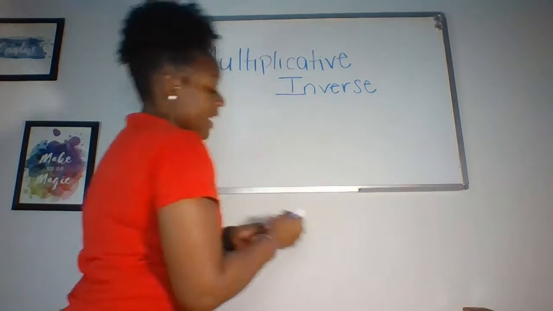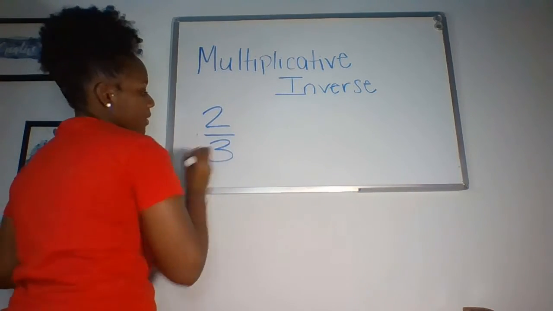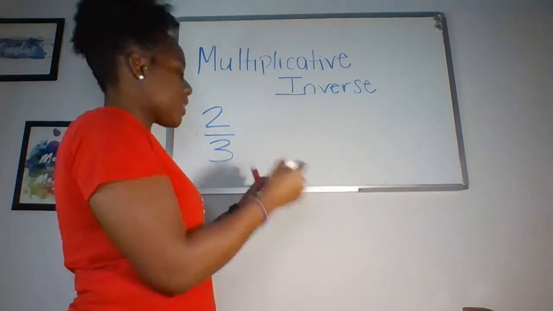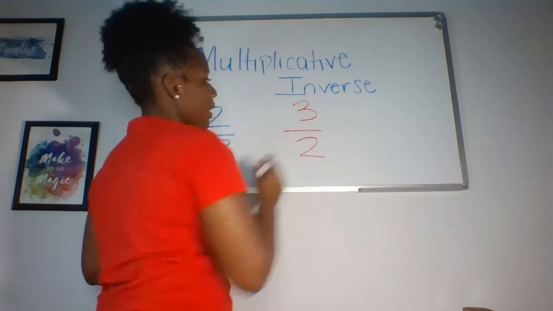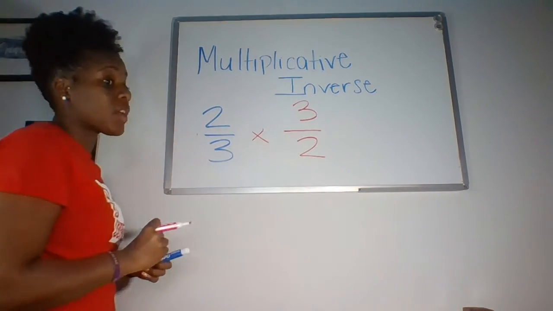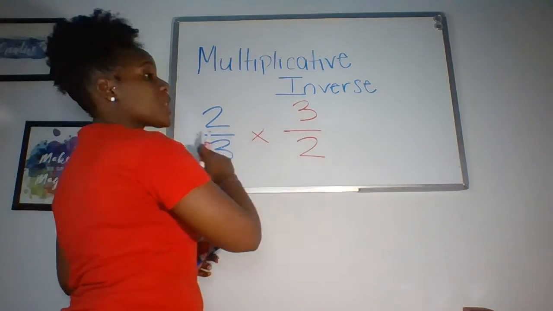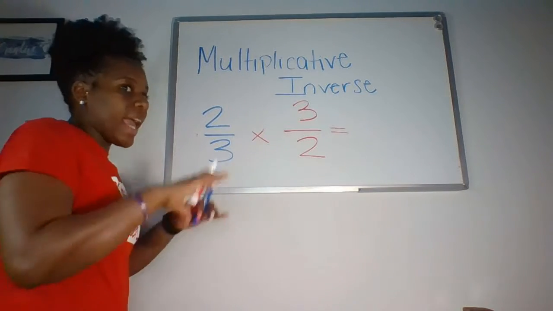So here, if I give you, let's say, 2/3, the multiplicative inverse or the reciprocal of 2/3 would be 3/2, right? So if they say multiply by the multiplicative inverse, what this means is that our goal is that when we multiply these two numbers across from each other, it equals a whole.